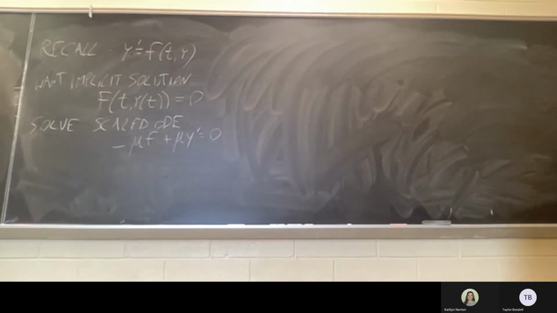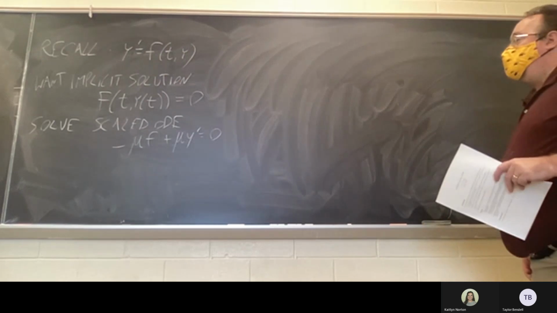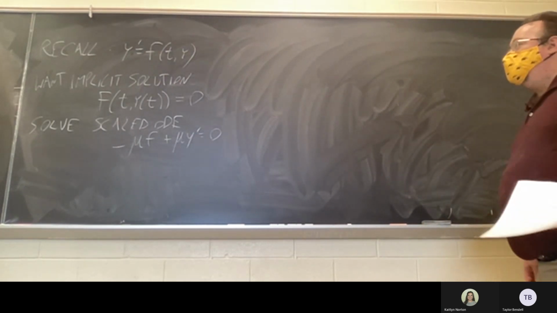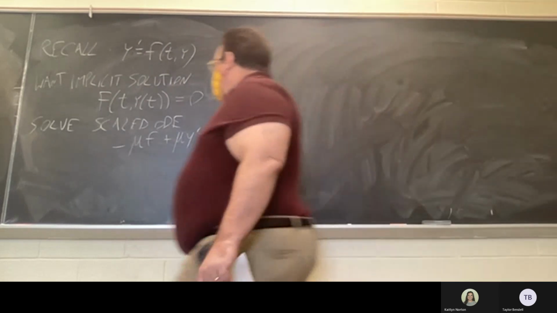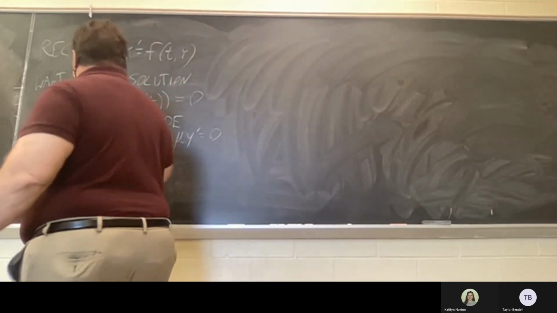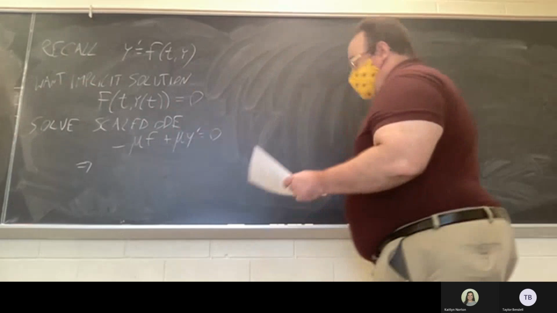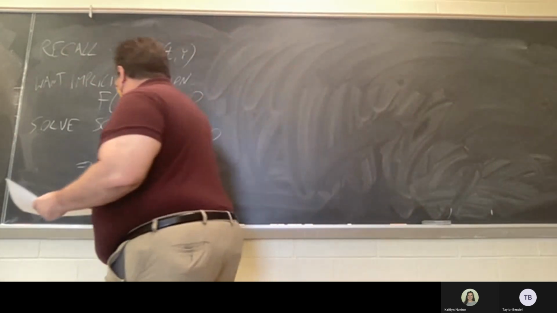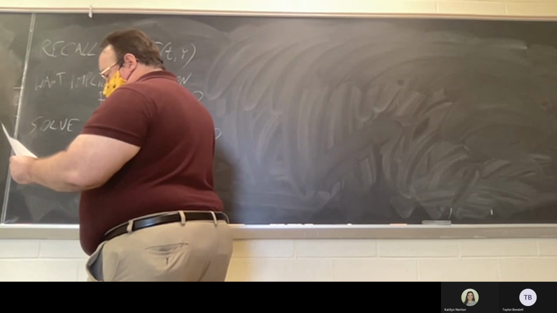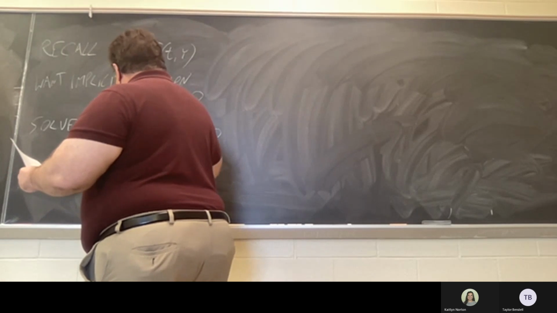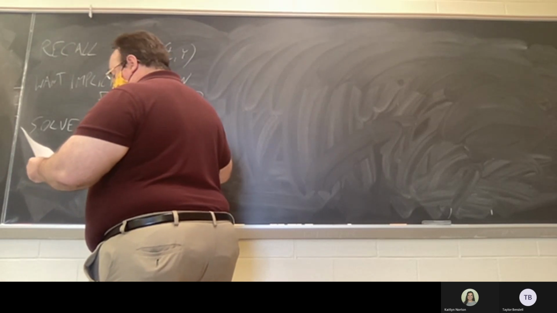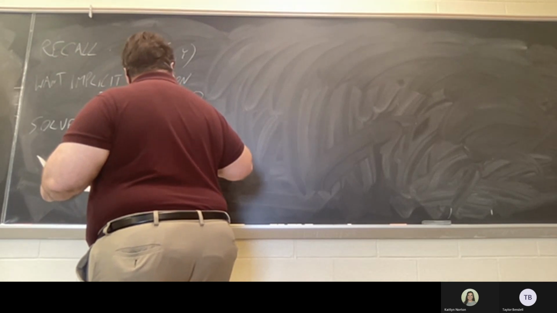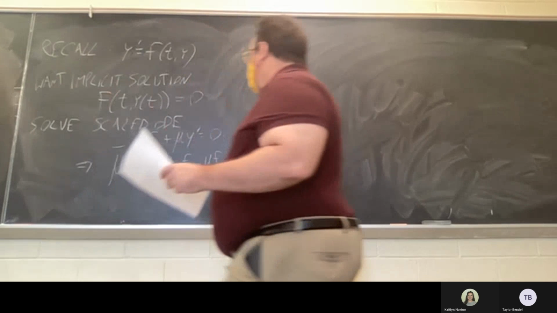And so I won't go through this again, but what we found last time are conditions that the function mu must satisfy to make the ODE easier to solve. So we want mu t is equal to minus mu y times f minus mu times fy.